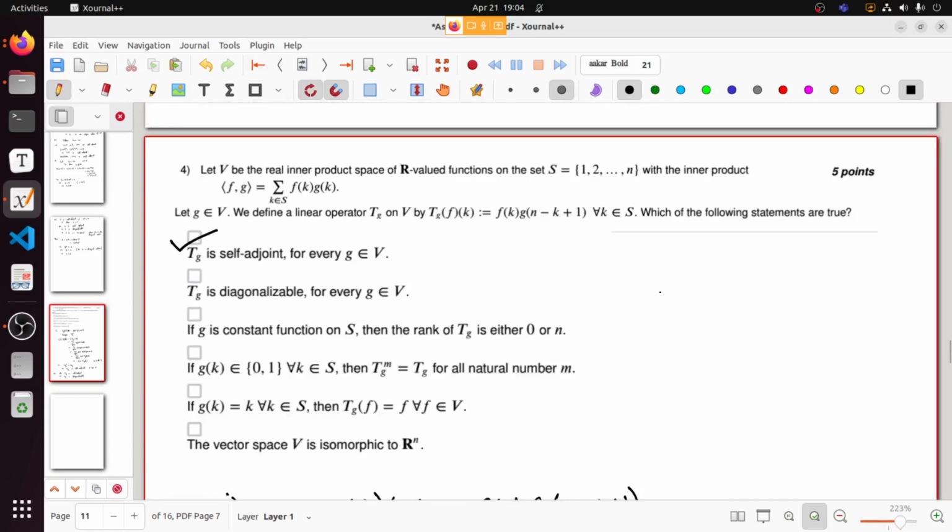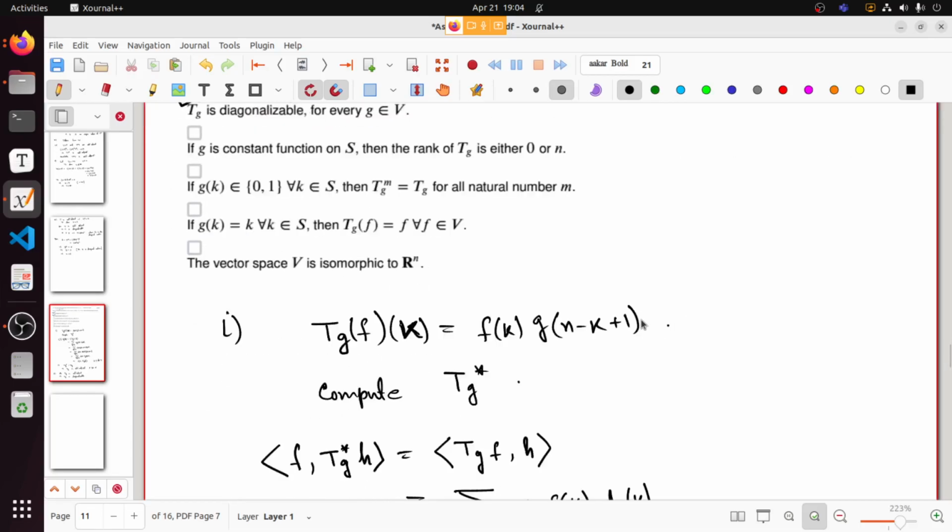Therefore 2 is again true. Now what is option number 3? It is saying that if g is a constant function on S, then the rank of Tg is either 0 or n.